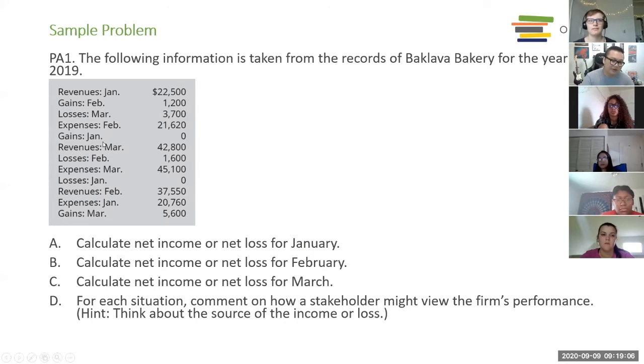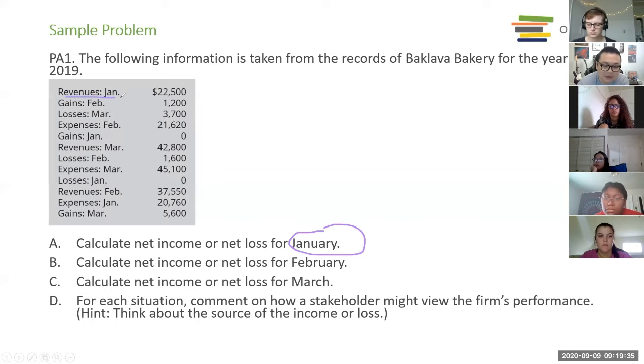For example, the first question gives you a lot of information about each month. This is a bakery store for the year 2019. The first question asks you to calculate the net income or net loss of January. So we need to find out what the key information is that you should use in these example questions.